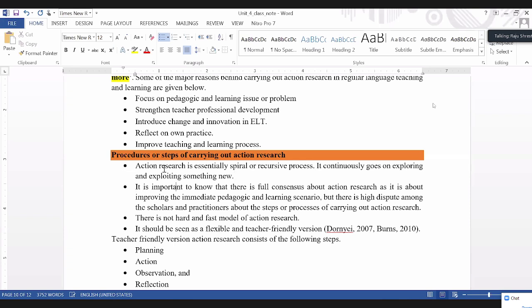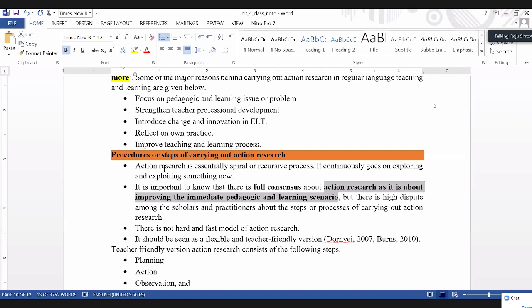It is important to know that there is full consensus, full agreement about action research: that it is about improving the immediate pedagogic and learning scenario.